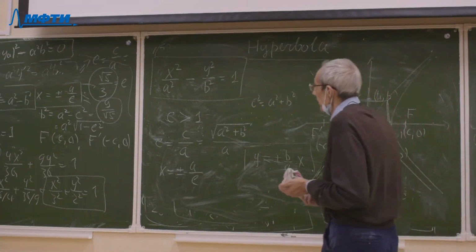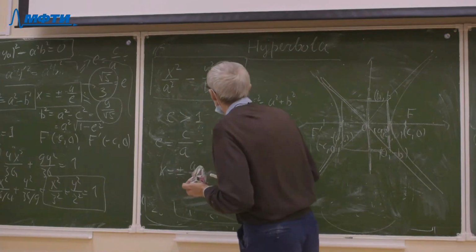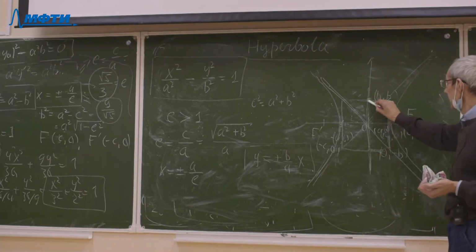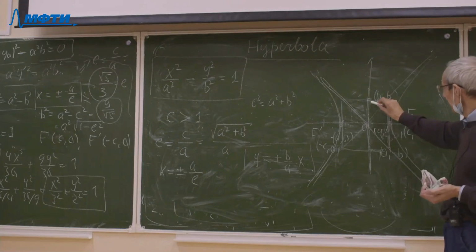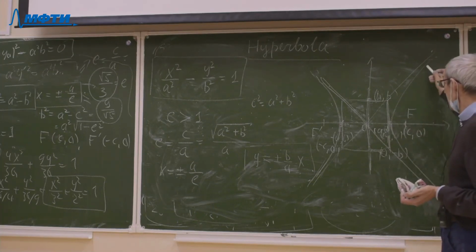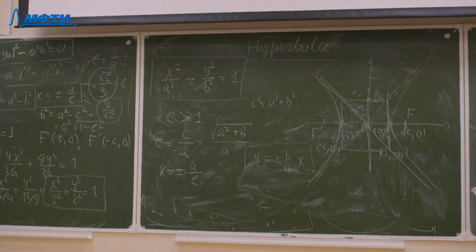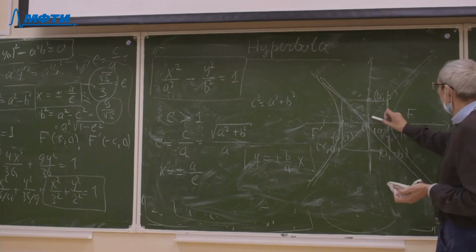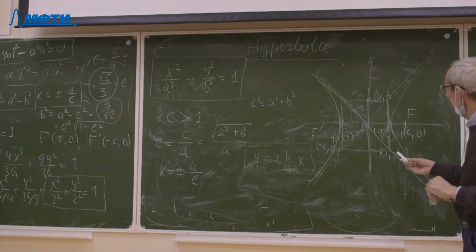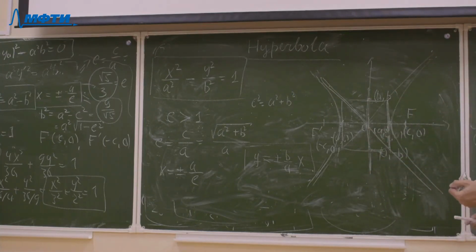And the point B, the point with coordinates 0, b, doesn't belong to the hyperbola, and any point on the axis of y lies outside the hyperbola, does not belong to the hyperbola.